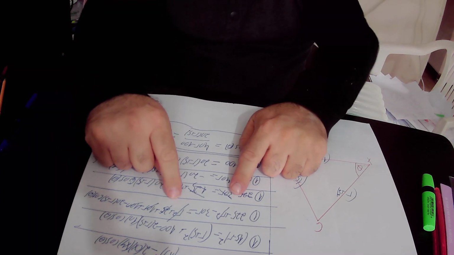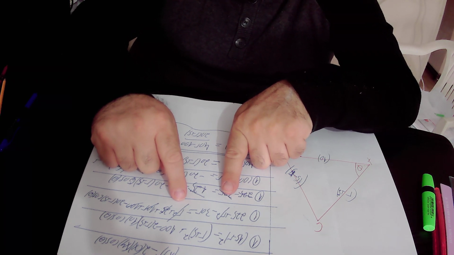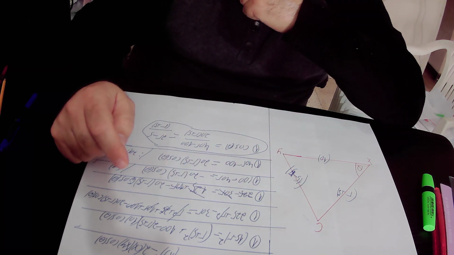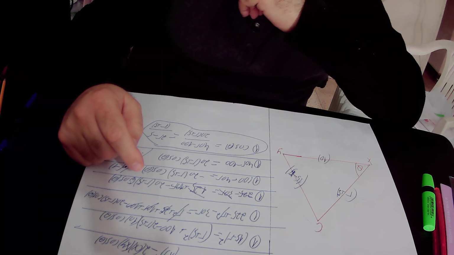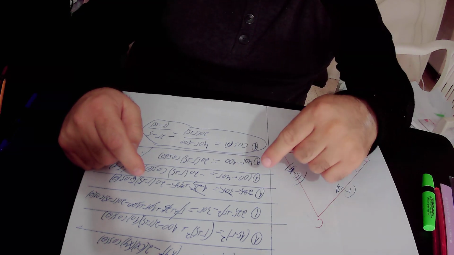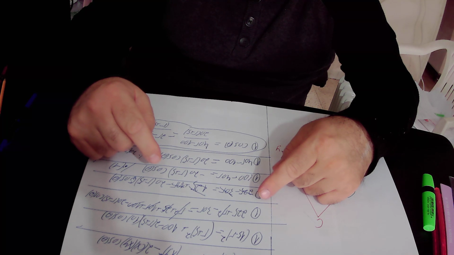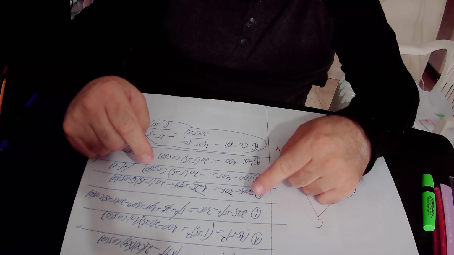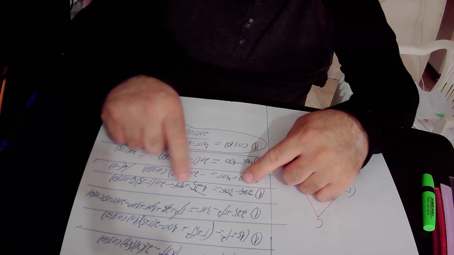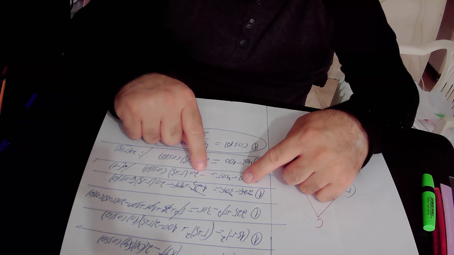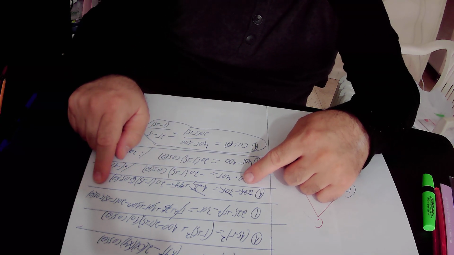Here we have R squared on both sides of equation number 1, so R squared will get cancelled, and we have here 225 minus 30R equals 25 plus 100, that is 125, plus 10R minus 20 times (R plus 5) times cosine theta.